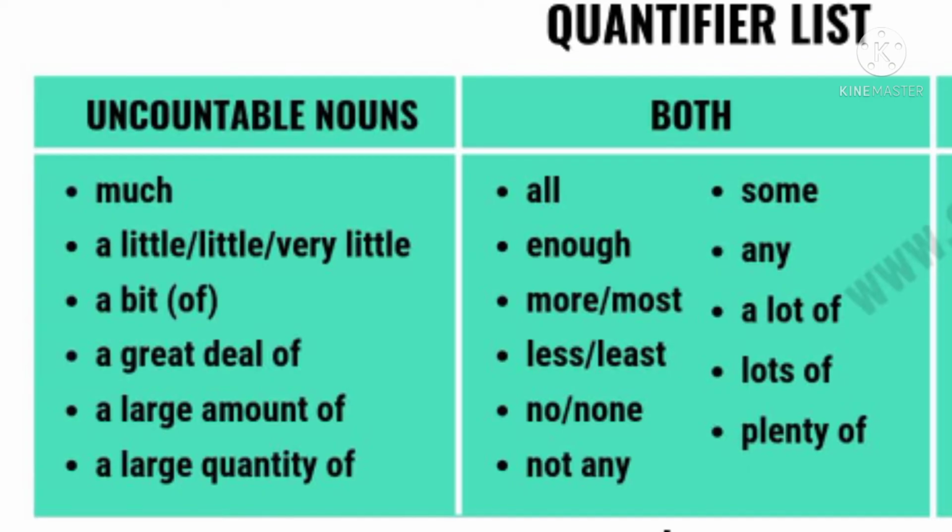Let's list out the quantifiers. Uncountable nouns: much, a little, little, very little, a bit of, a great deal of, a large amount of, a large quantity of. Next, both, all, enough, more or most, less or least, no or none, not any, some, any, a lot of, lots of, plenty of.